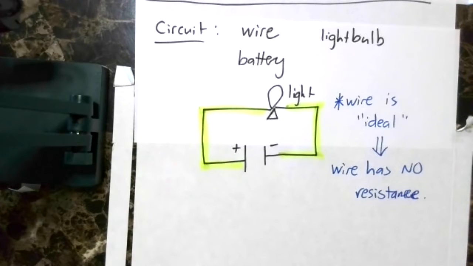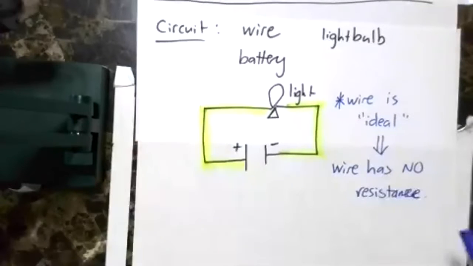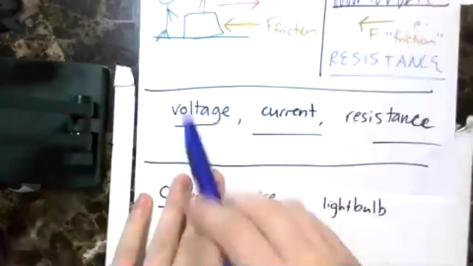So you might be wondering at this point, okay, if we're assuming a wire is ideal, why do we even care about resistance? For that we kind of have to start talking about Ohm's law. And Ohm's law combines all three of these ideas.